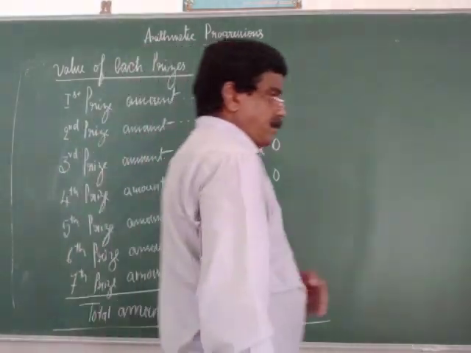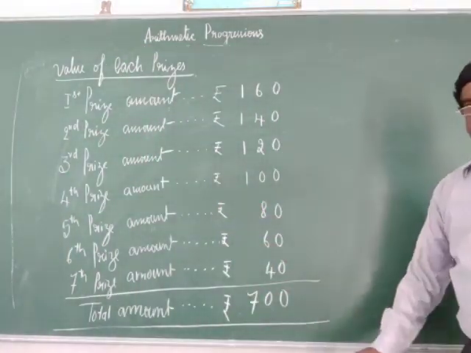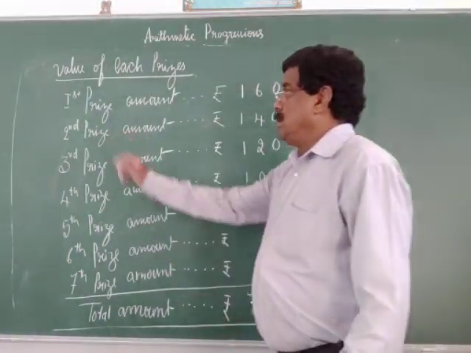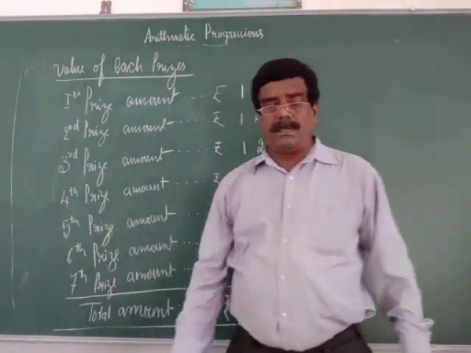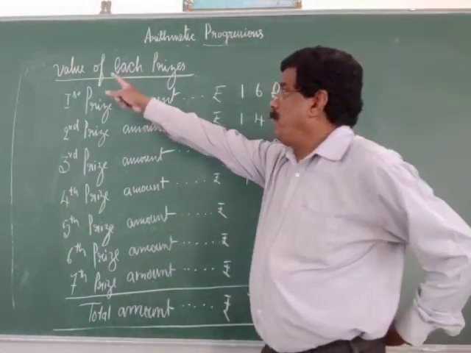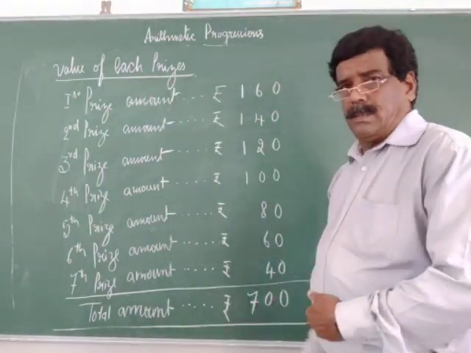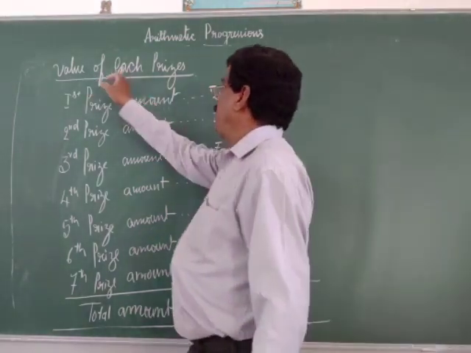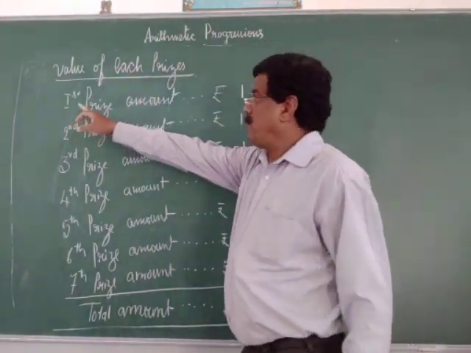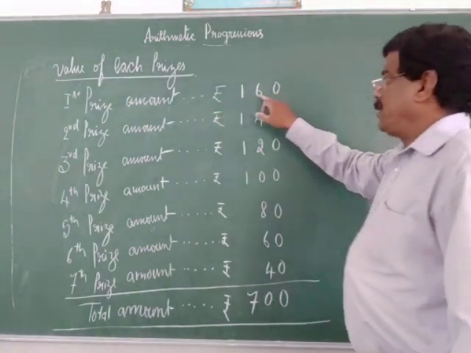Okay children, now this is the conclusion, how to conclude. The question asked was, find the value of each prize. So to conclude, the value of each prize: the first prize amount is rupees 160.